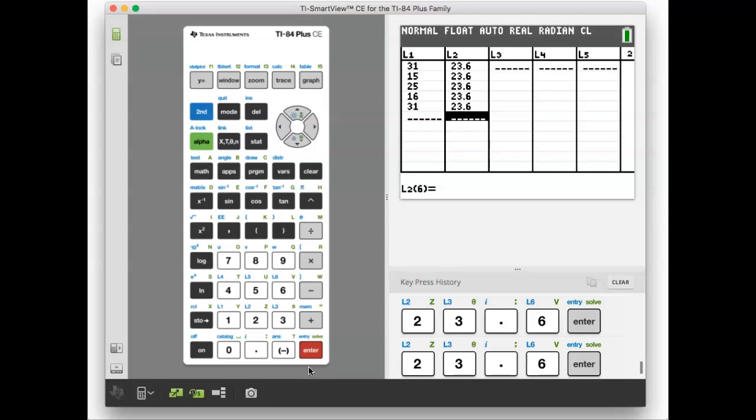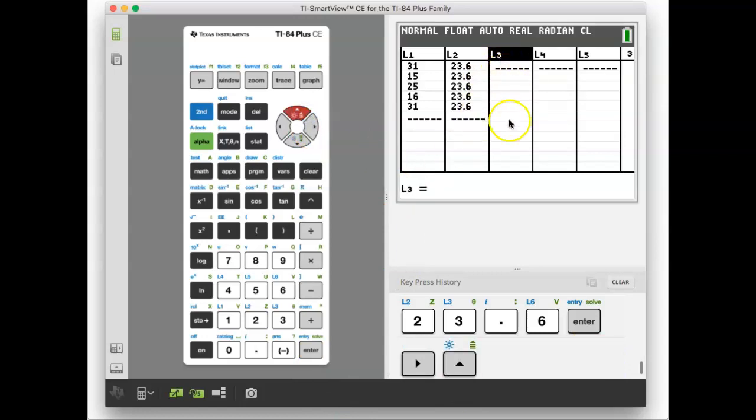So we're sort of going to do a hand calculation of our first chi-squared test statistic, and then I'll show you your calculator can actually run the whole thing for you. But list 3, here's where I'm going to do the individual contributions to my chi-squared test statistic.